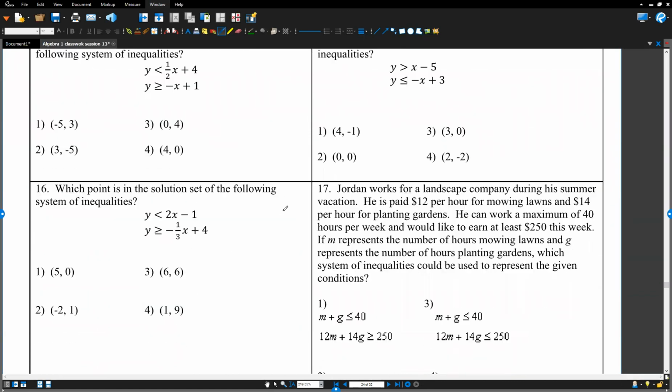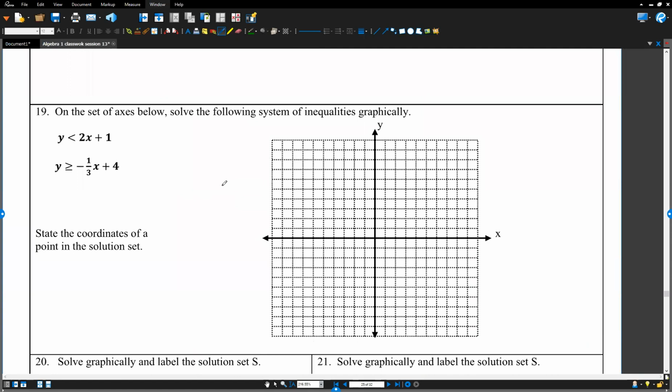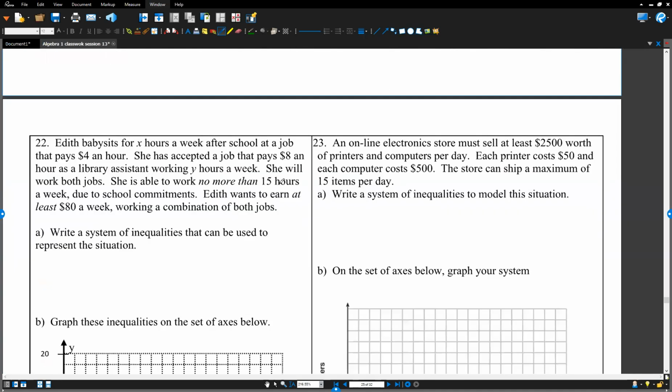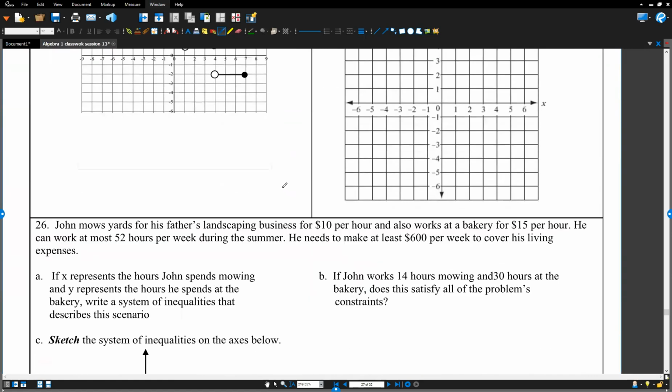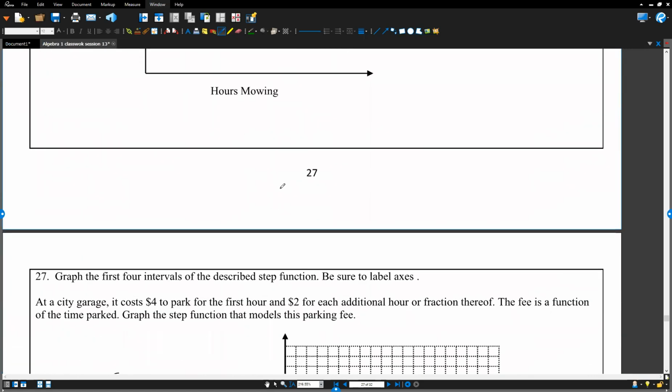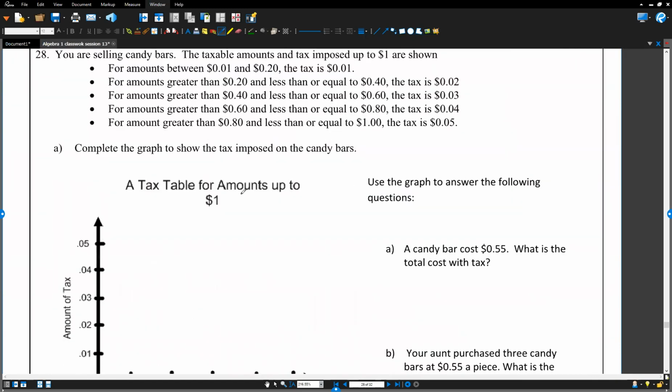There's a little more practice. If you need more practice, you can try this one. This is section 3. You can see a lot of practice there. That's just step functions, and you can make a graph. It's almost the same thing.